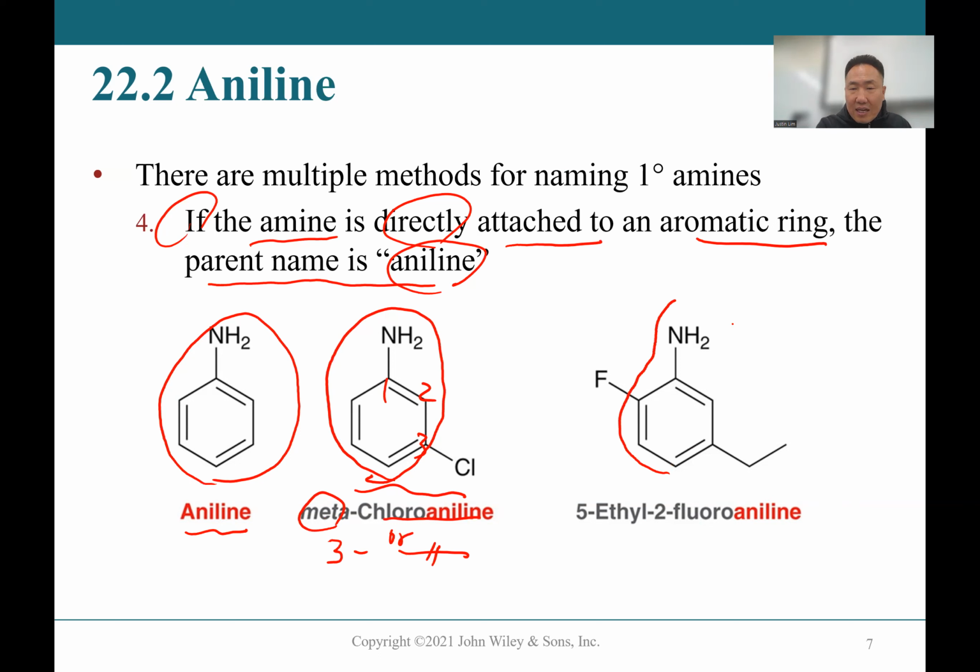This is aniline, so you can put numbers 1, 2, 3, 4, 5. We need to follow alphabetical order. So this one is an ethyl group and fluoro group: 5-ethyl, E first, and 2-fluoroaniline.